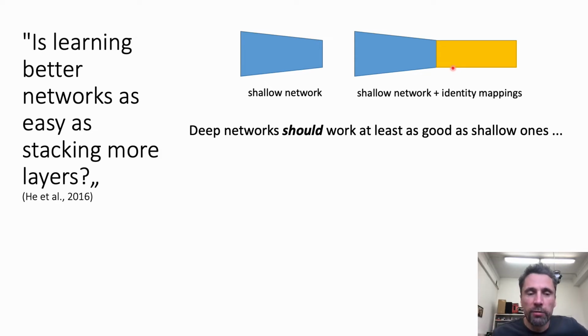Theoretically, or intuitively, those deep networks should be at least as good as shallow networks, because if we trained a good network that is shallow and then compare it to a deep network, the training process could find the same parameters for the first part of this network and then add identity mapping so that the input-output mapping stays the same. So there is a solution that the optimizer should be able to find.